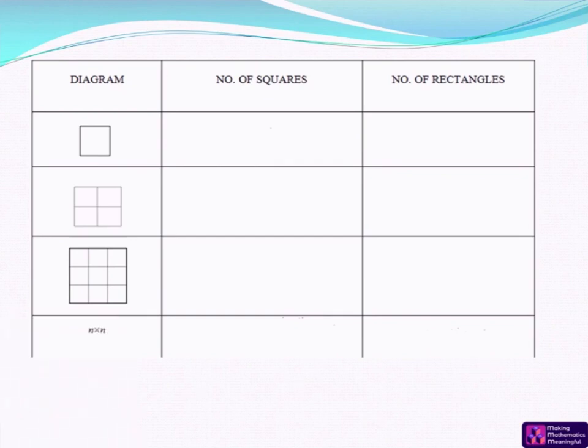Recall that the number of squares in the 1 cross 1 grid was 1, and the number of rectangles again 1. For the 2 cross 2 grid, we had 5 squares and 9 rectangles. For the 3 cross 3 grid, we had 14 squares and a total of 36 rectangles.